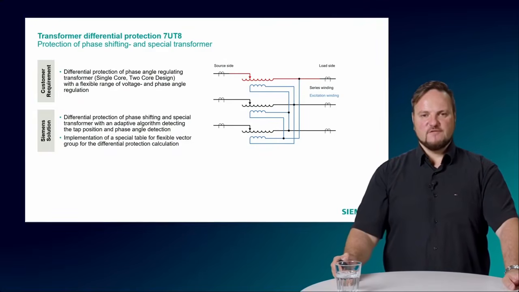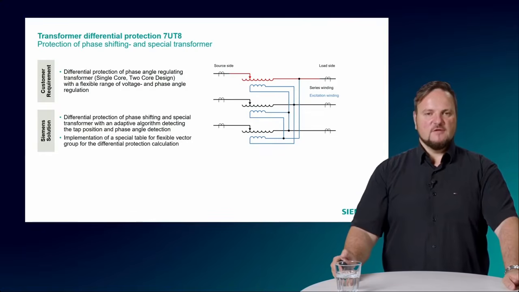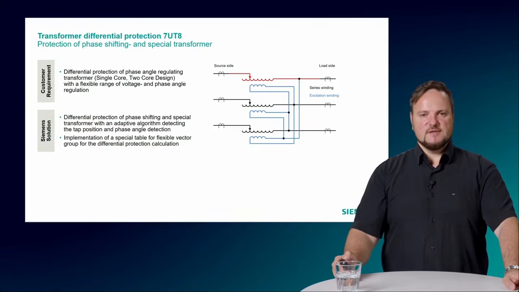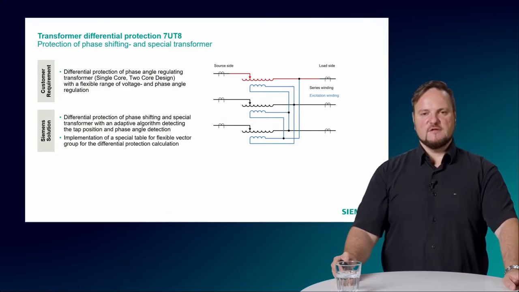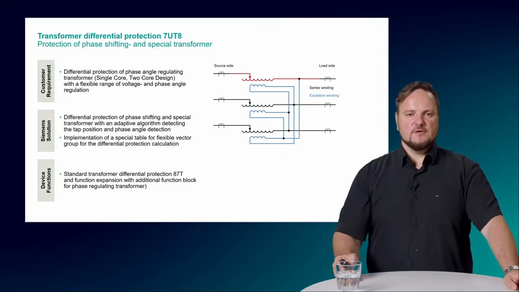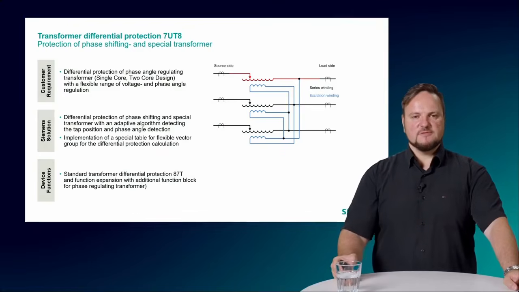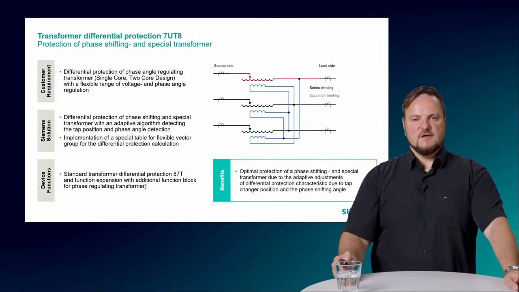So therefore you can protect such an important phase shifting transformer, especially for the transmission grid, like a normal transformer. So that means the differential protection algorithm is doing the adaptation, and this transformer can be protected really like a normal transformer with very sensitive settings. Here you can use the standard transformer differential protection, and you're adding, as I explained before, only an additional function block for phase regulating transformers, and then you get these additional settings.